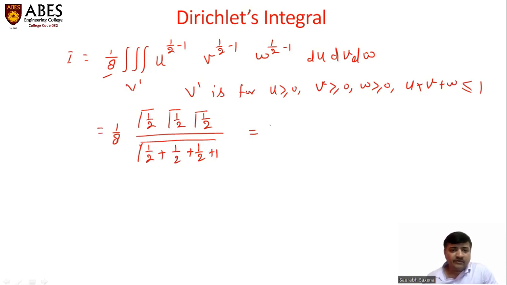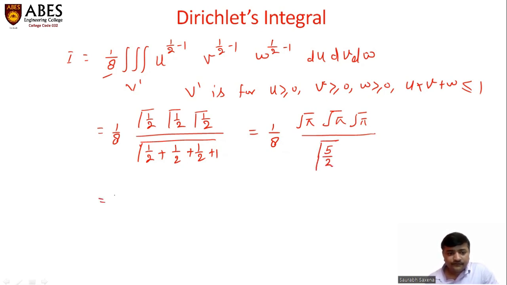We all know gamma 1 by 2 is under root pi. So 1 by 8 root pi cubed divided by gamma of 1 by 2 plus 1 by 2 plus 1 by 2 plus 1. So this becomes gamma 5 by 2.